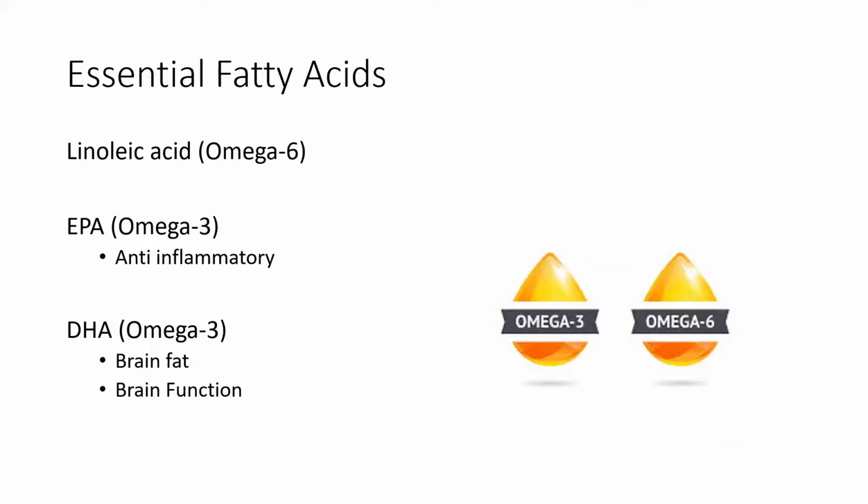Make sure that you're consuming them in adequate amounts, not too much, not too little. But if you're consuming a wide variety of animal-based proteins and a wide variety of food choices, plant food choices, different types of vegetables, multiple different types of plant-based oils, you're probably getting what you need.